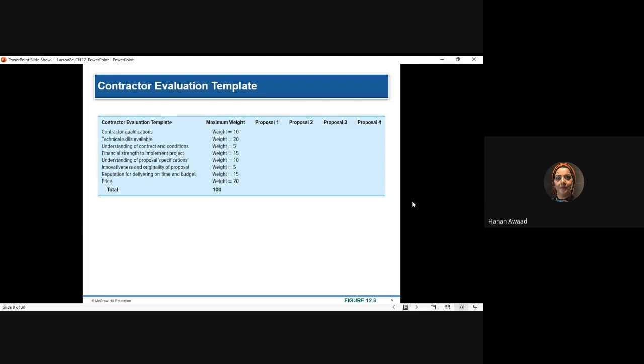Even within these factors or criteria, I might have sub criteria. And you think of all the factors that will help you to decide.